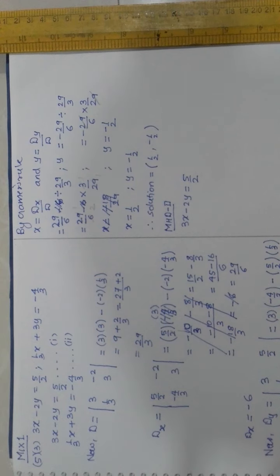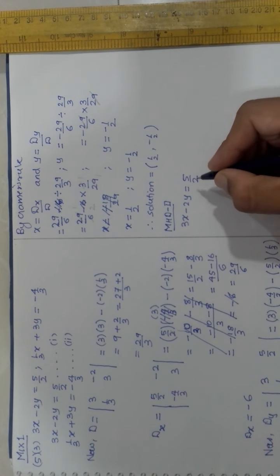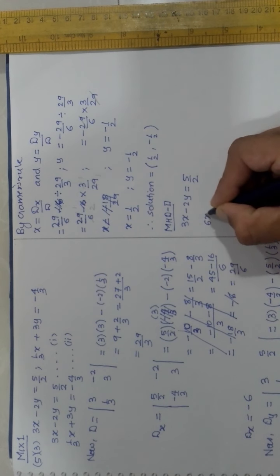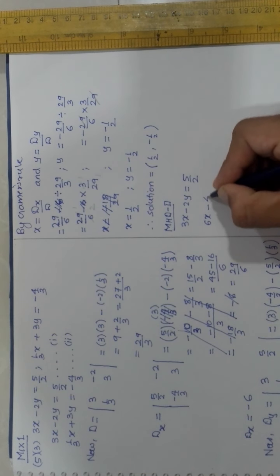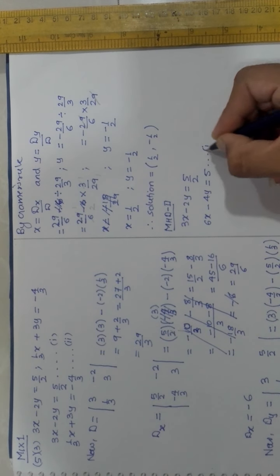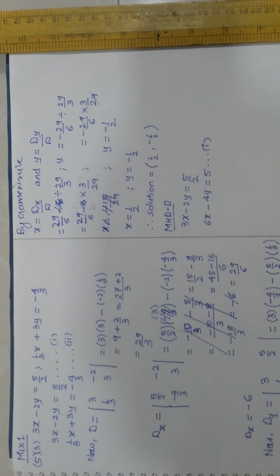So the denominator present is only 2, so I am removing that denominator. I will multiply throughout by 2. 3 2s are 6x minus 2 2s are 4y is equal to 5. This becomes your equation number 1.